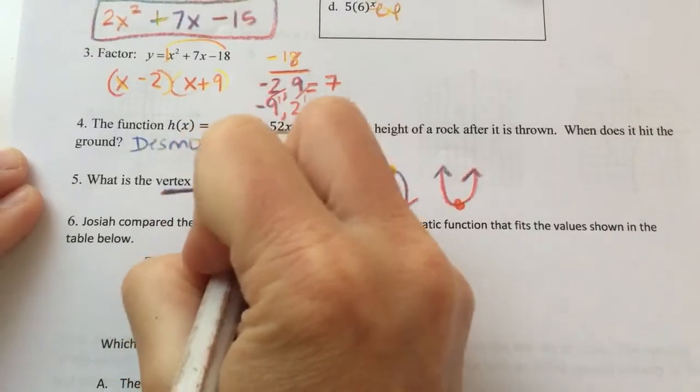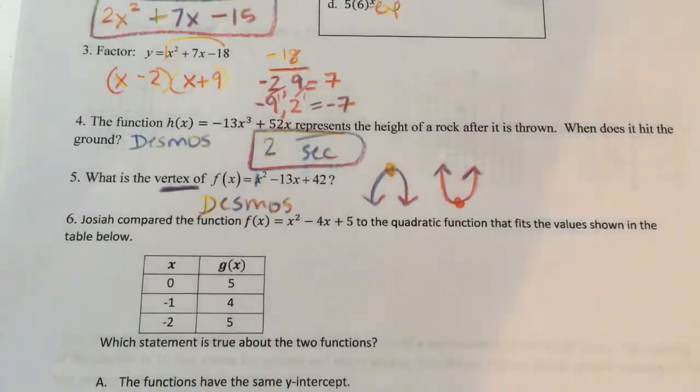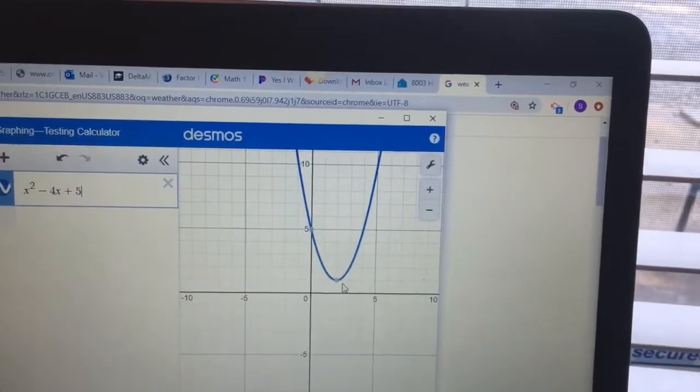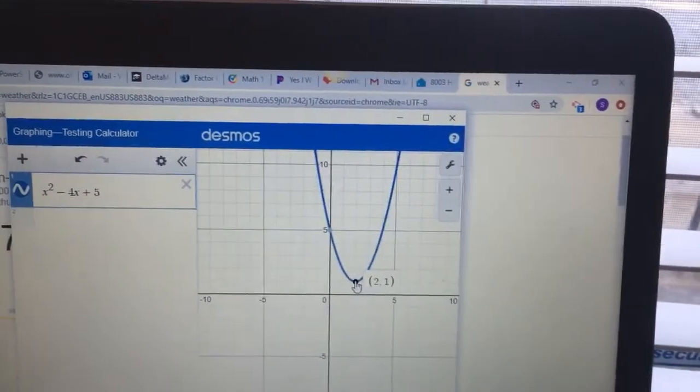Once again, I'm going to use Desmos, so I'm going to type it in. X squared minus 4x plus 5. And then on Desmos, I'm going to click right here. This is the vertex. And the answer is 2, 1.